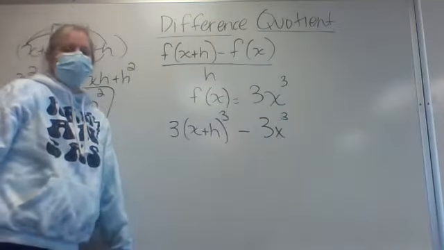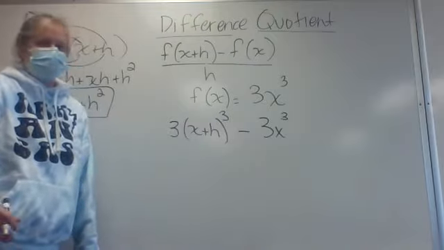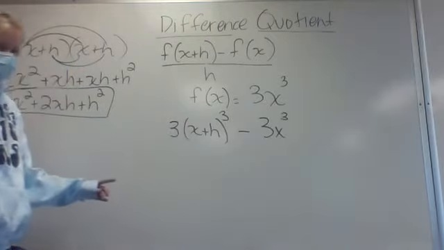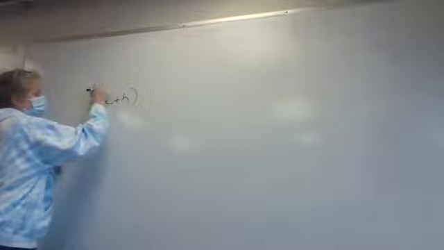X plus h to the third. Now remember, actually I'm going to bring it over here. Because what does x plus h to the third mean I need to do?